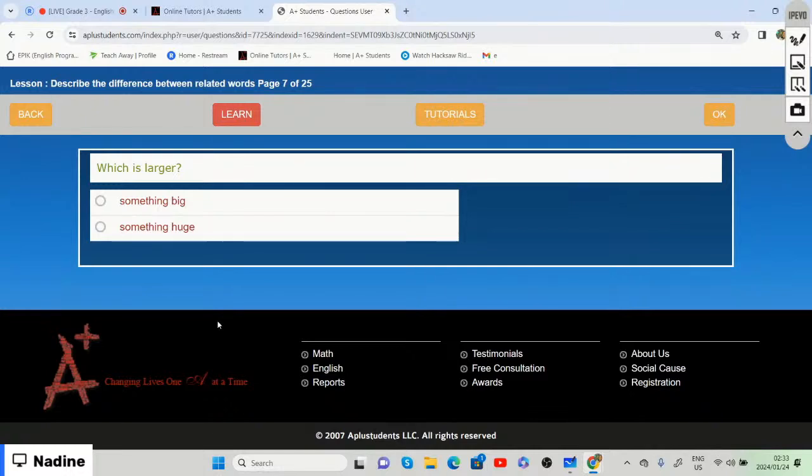And of course, if we look at the word huge, then huge is something bigger.